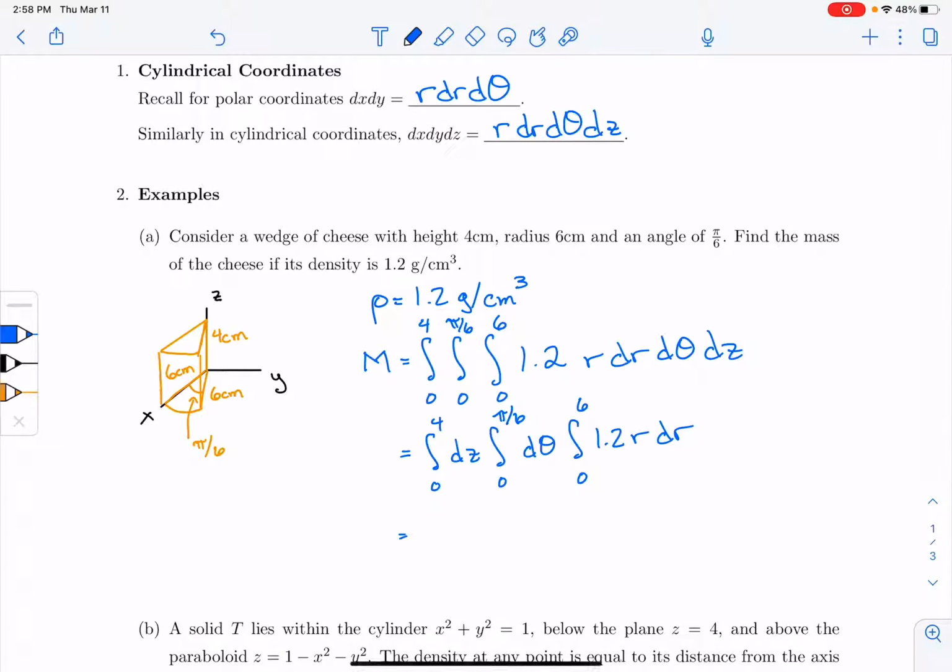So the integral from 0 to 4 dz is just 4. The integral from 0 to pi over 6 d theta is pi over 6. And then I'm left with 0.6 r squared evaluated between 0 and 6. So this becomes 4 times pi over 6 times 0.6 times 36.